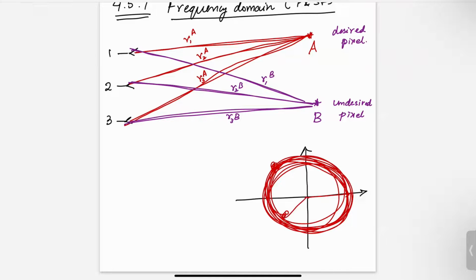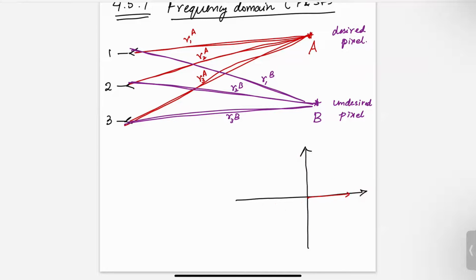So in that case, I'll denote it like that. Just for simplicity, I'm going to remove all this circle. So after the two-way propagation, the phasor ends up somewhere here, right?